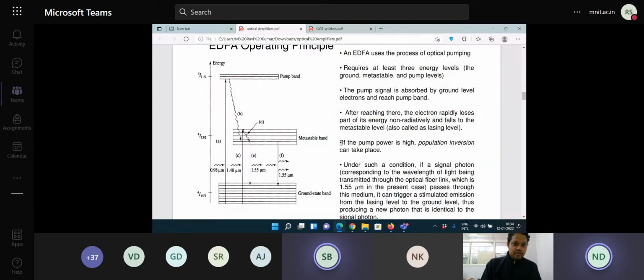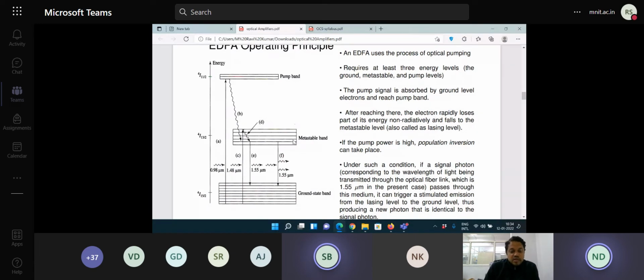You can see here, this is the pump band. A 980 nanometer pump can be used, or a 1480 nanometer pump can be used. So there are two pump wavelengths which can be used. There are different energy levels, as I had explained when I was discussing lasers, which are present in the erbium doped fiber.